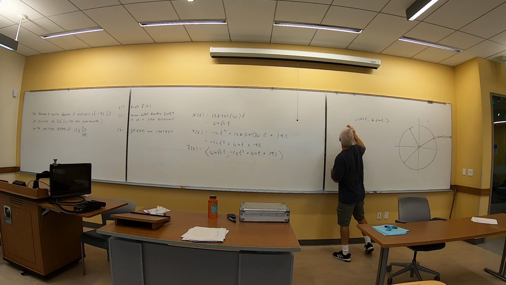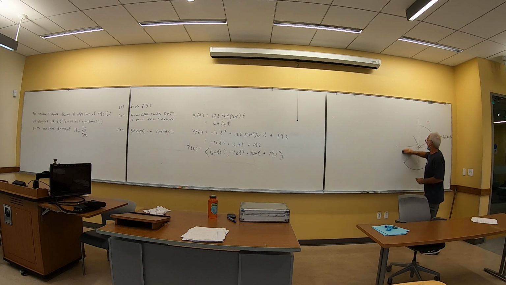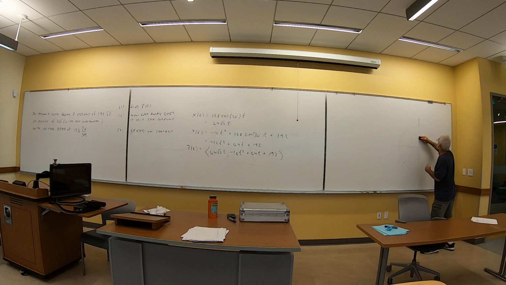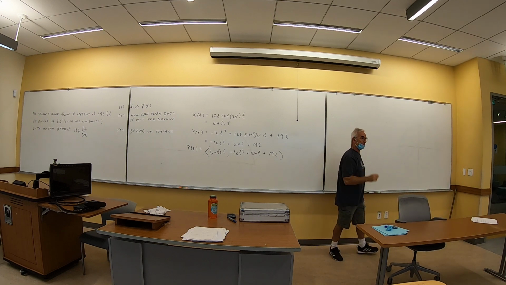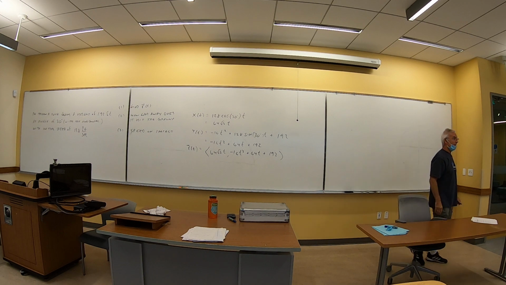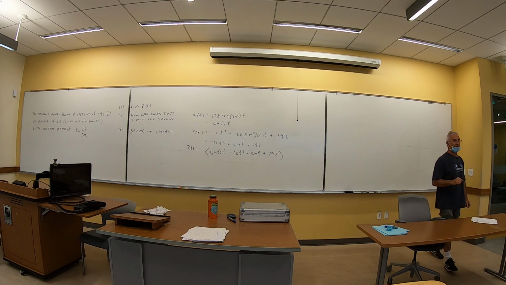Next question is, how far away does it hit the ground? What do I need before I can answer that question? I need the time it takes to hit the ground. I can't just randomly make up a time. Oh, it hits the ground when the height is 0.